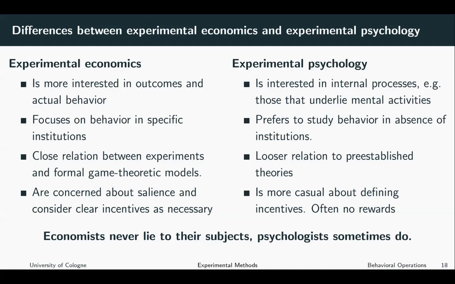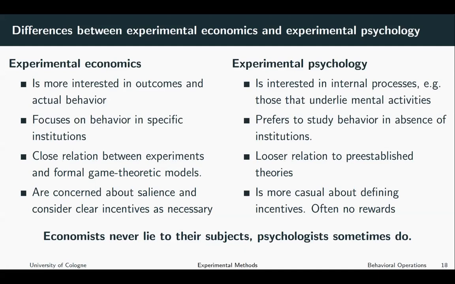In OM and econ, we have a very close relationship between the experiments and the formal, typically game theoretical models, which means we have our models, we derive hypotheses, and then we test these predictions often in experiments. And often we also want to incorporate the insights from our experiments back into the theoretical models. On the other hand, if you look at experimental psychology, there's a rather loose relationship between the experiments and pre-established theories.